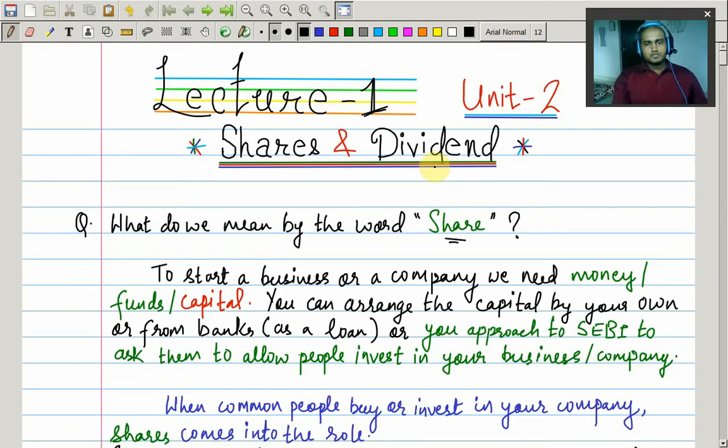So in this first lecture of second unit, we are going to see what we mean by share, types of shares, face value, market value, few examples. Then we will see what we mean by dividend, what type of profits we get in investing in shares.